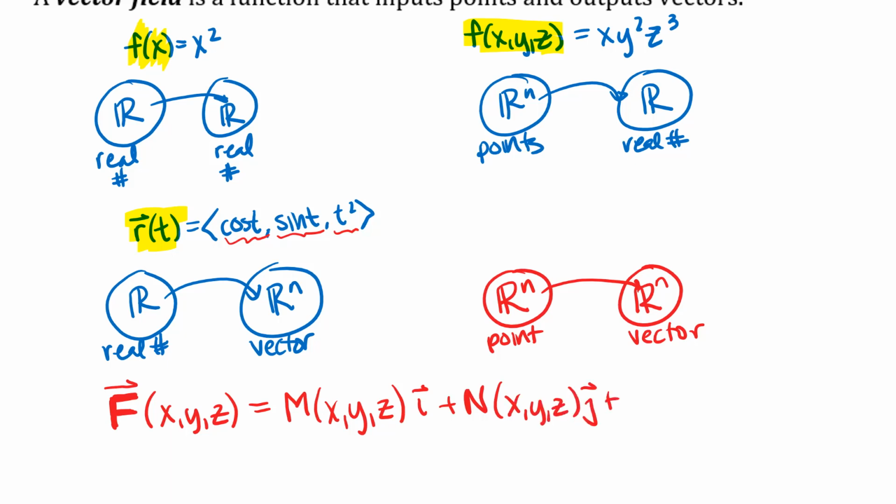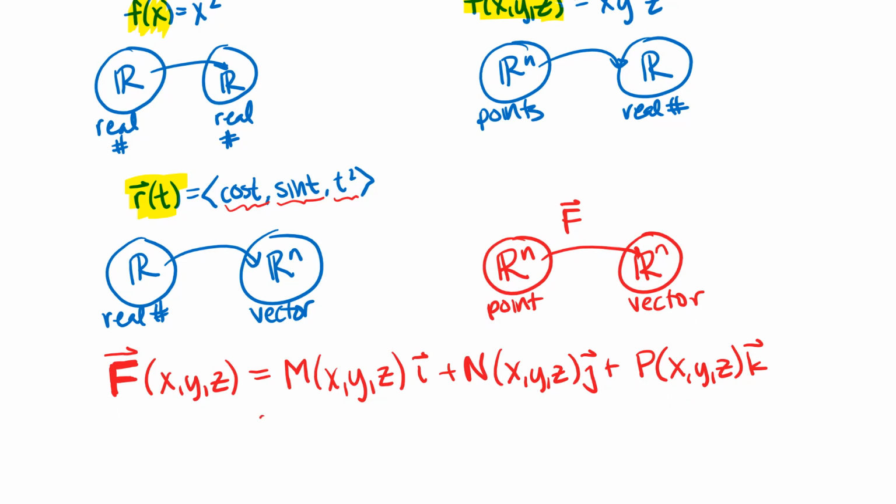And then O probably is not a good idea because it looks like 0, so P for the k component function. So we might write capital F bolded or with a vector barb over it. So we could write it like that, or we might also write that in bracket notation. I'm going to leave off the of x, y, z, so M, N, P.